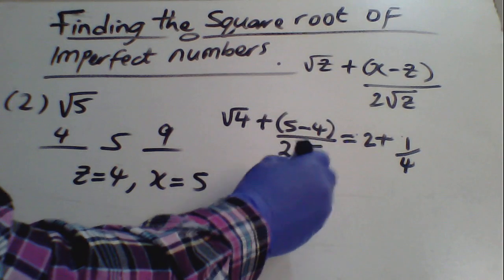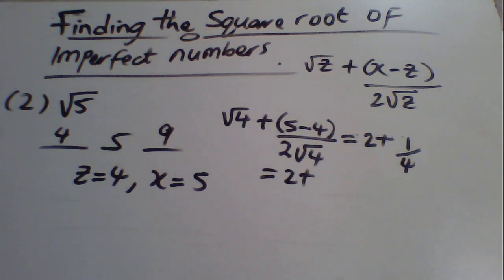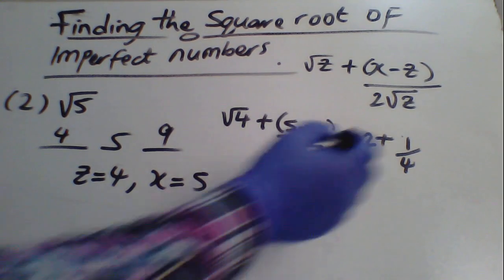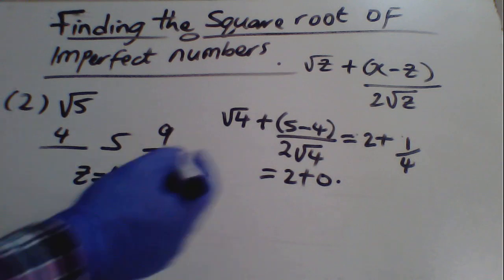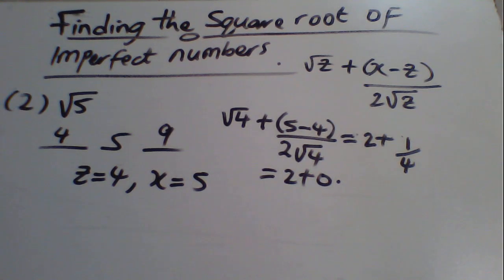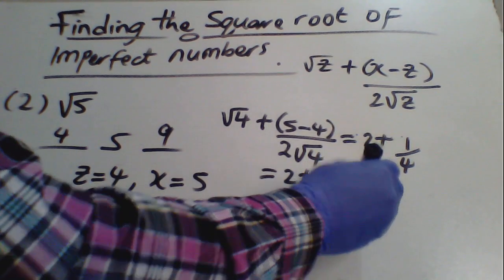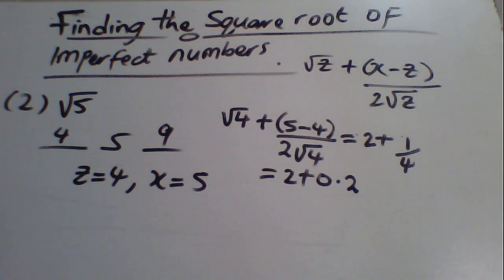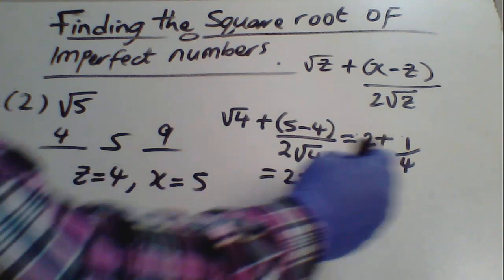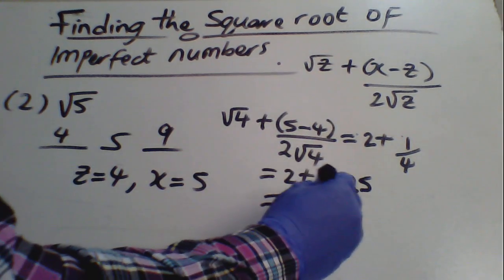So you have 2 plus 1 over 4, which is equal to what? 1 divided by 4, it can go 0 and push the dot. Multiply by 10, gives us 10. 10 divided by 4 gives us 2, remainder 2. Into 2 it can go, you multiply by 10, gives us 20. 20 divided by 4 gives us 5. So you have 2.25.